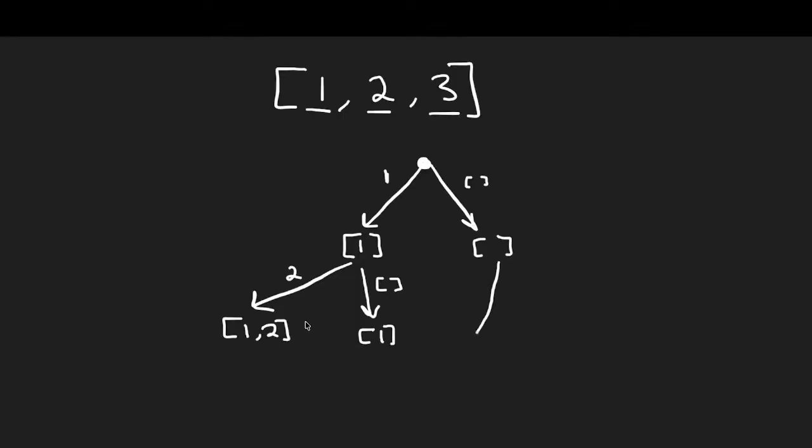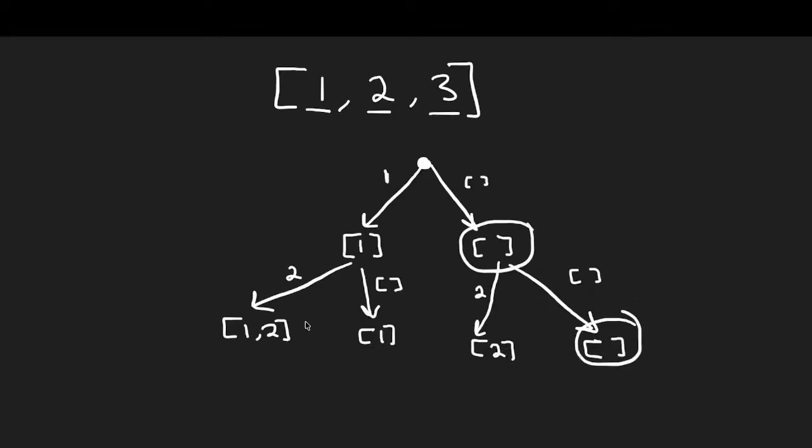So we can decide to add 2 to this empty subset, or we can decide to not add 2 to the empty subset, in which case we'll get a subset with 2 by itself, or we'll get the empty subset again, right? This is where we're just not adding anything.